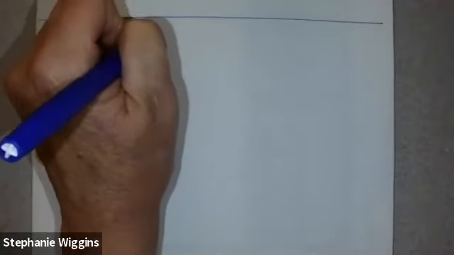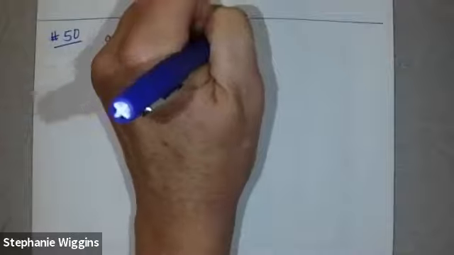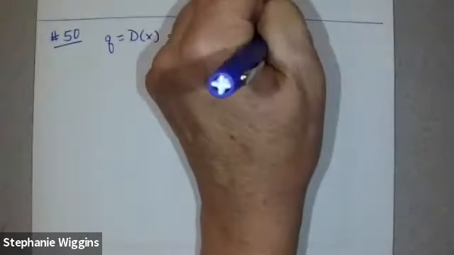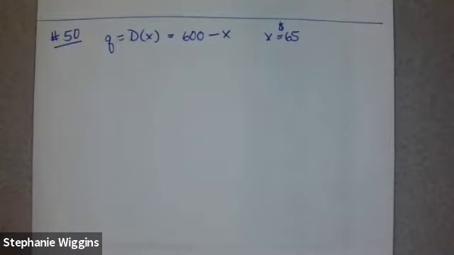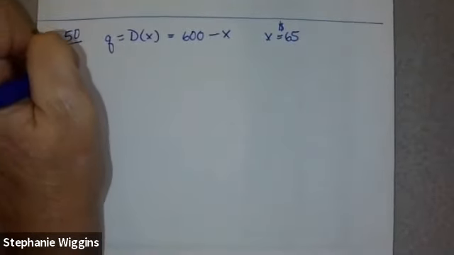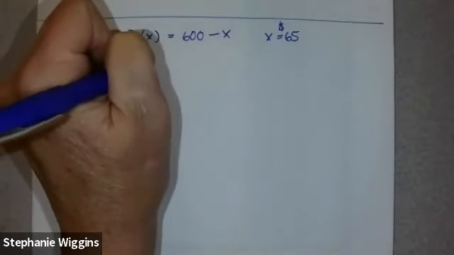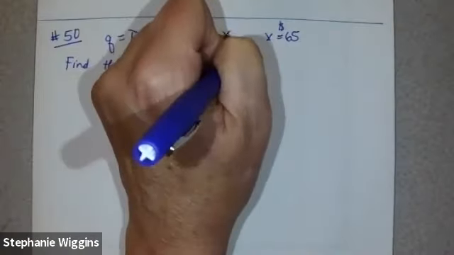So you're given a demand function, 600 minus x. And you're given a price, x equals 65. All right. And you want to find the elasticity for that price.